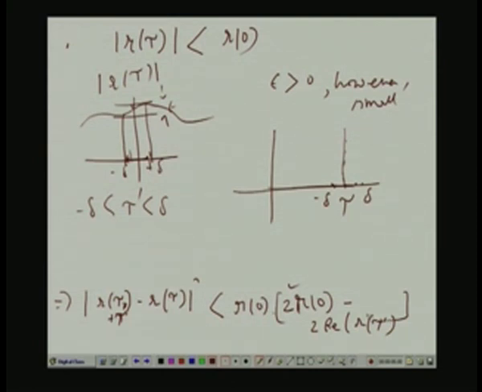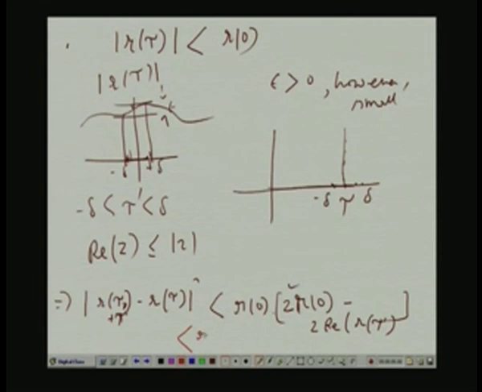One thing I forgot to mention: the real part of any complex number z is less than or equal to mod z. What is the real part of any complex number? If the complex number is z, the real part is mod z cosine of the angle, and cosine of the angle is less than or equal to 1. So this is obviously satisfied. So this right hand side inequality, in fact, I should modify to the following, noting that real part of R tau prime is less than or equal to mod of R tau prime.